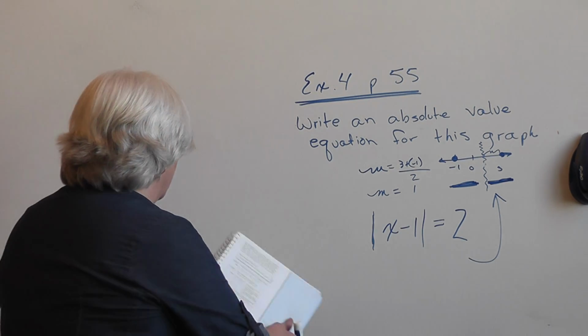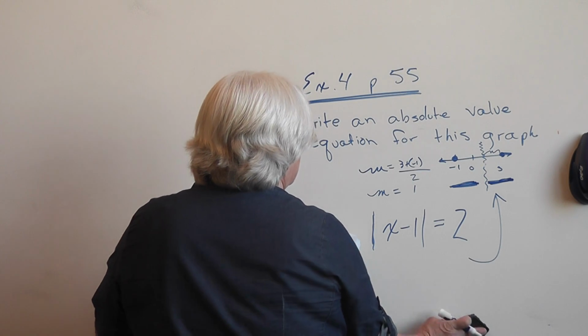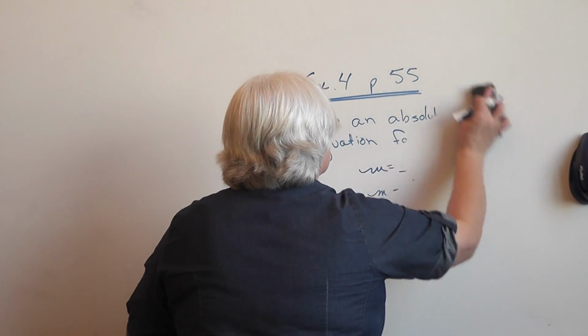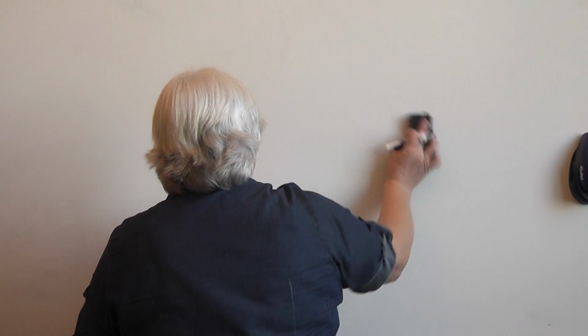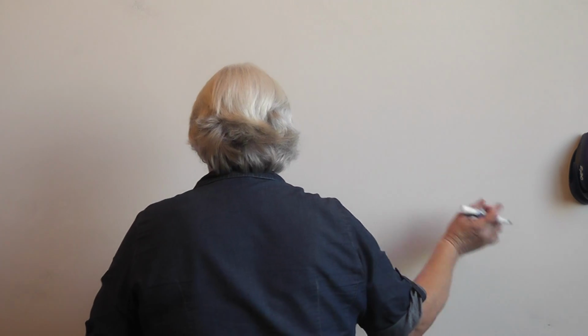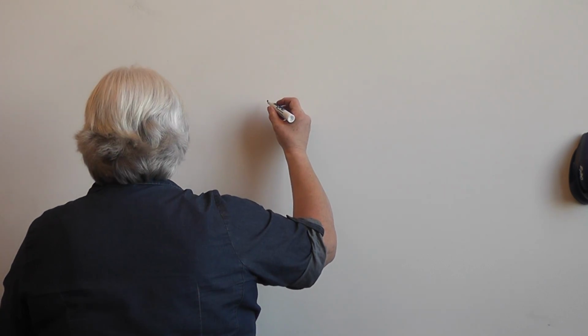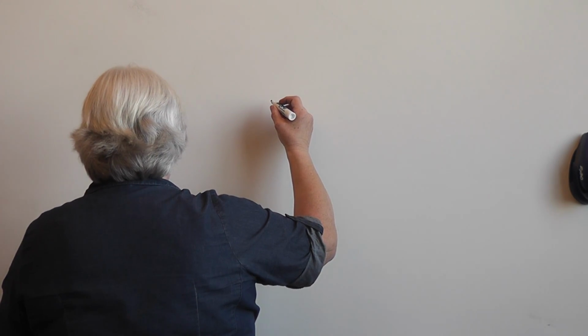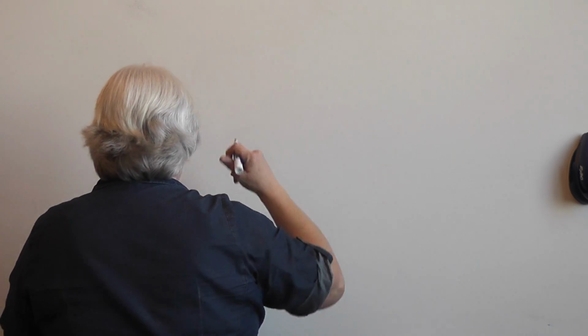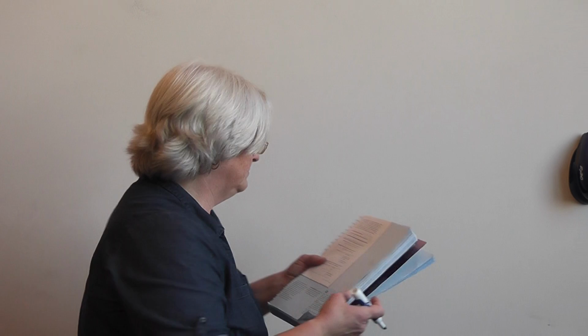Now let's go do another one, where we just go right through it in order. We have, this is example 5, page 95: if the point represented by x is 5 units away from the point with a coordinate of 3, find all possible values of x.